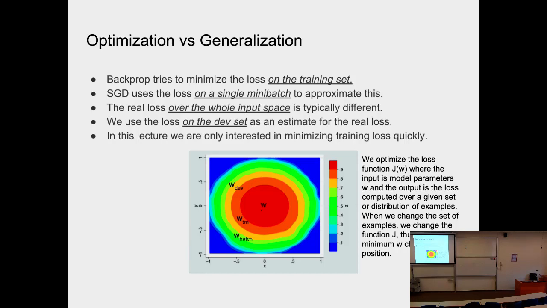So the locally correct direction is not necessarily the correct direction in the long run. That means if you're going to take a small step anyway, why are you worrying about calculating that direction exactly? Maybe an approximate direction would be just enough because after you take the step, the direction is going to change anyway. So it's a matter of using your computational resources efficiently.